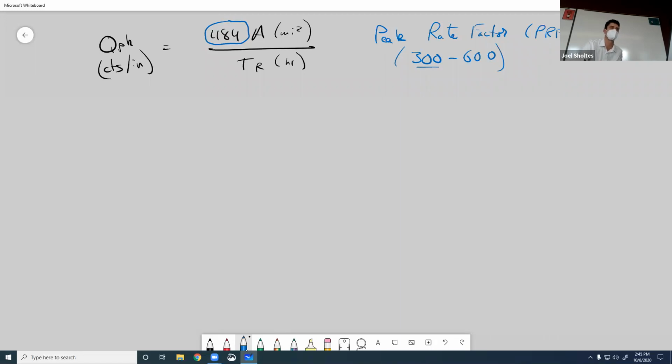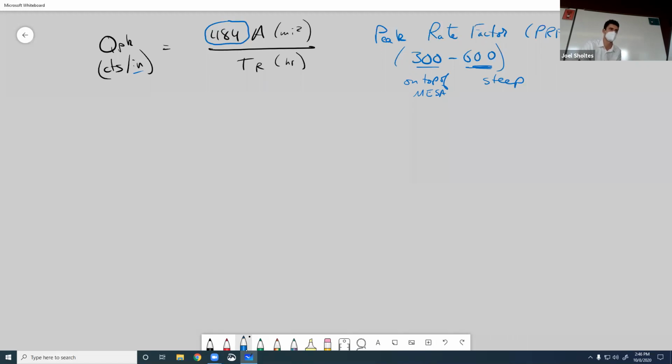If you have a really low sloped watershed, like on top of the mesa, maybe it's 300, meaning it's a lower number, you'd have a lower peak discharge per unit runoff. So we'll just say like on top of mesa. 600, this is really steep. You have a bigger, higher peak factor.